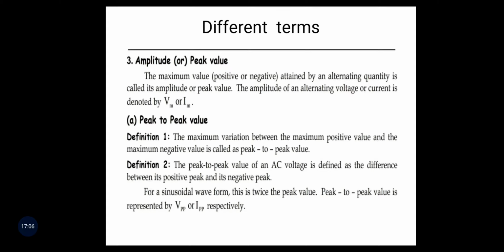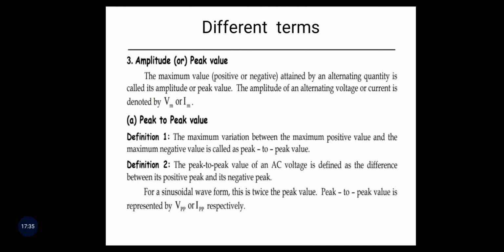The peak to peak value of an AC voltage is defined as the difference between its positive peak and its negative peak. For a sinusoidal waveform, this is twice the peak value.